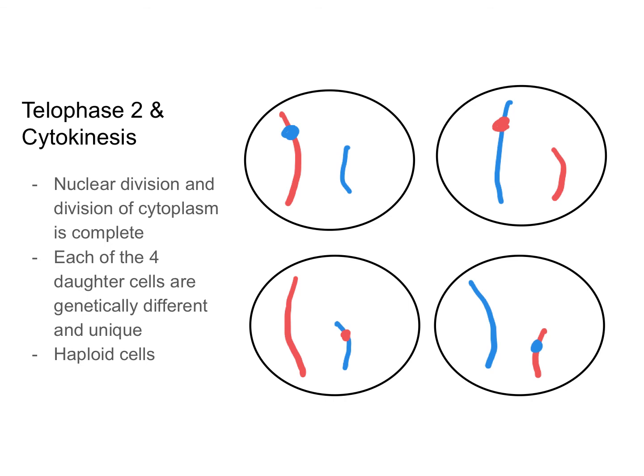At the end of these stages, we now have 4 daughter cells that are all genetically different and unique. Each of these cells is a haploid cell with half of the chromosome count that we started with. Our diploid original cell had 4 chromosomes.